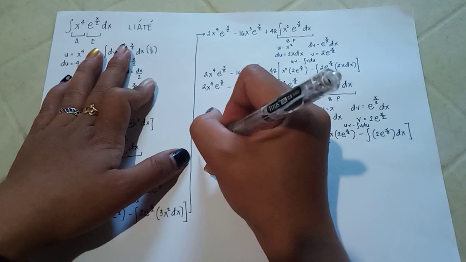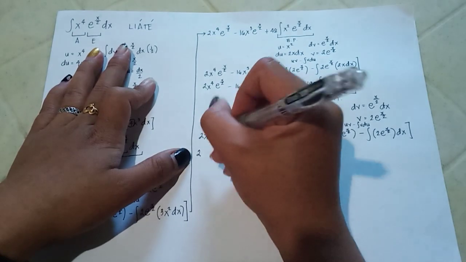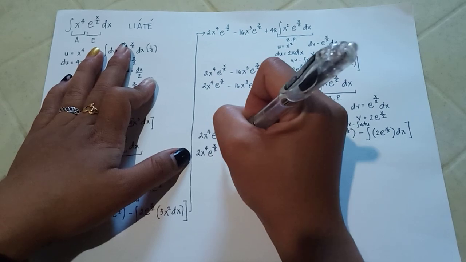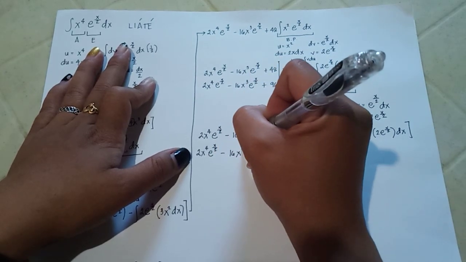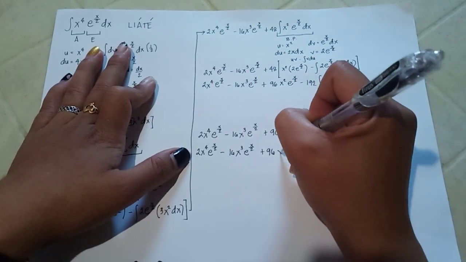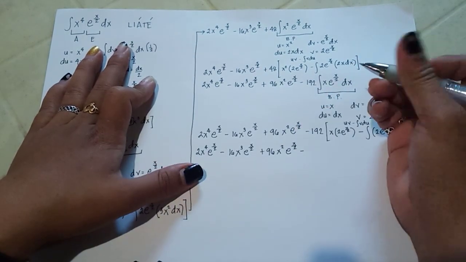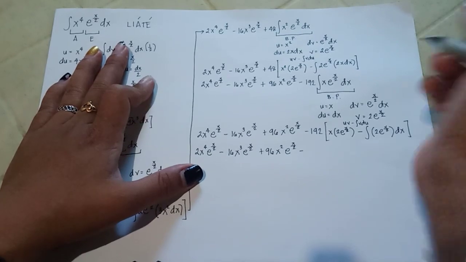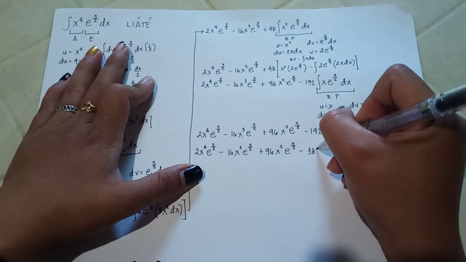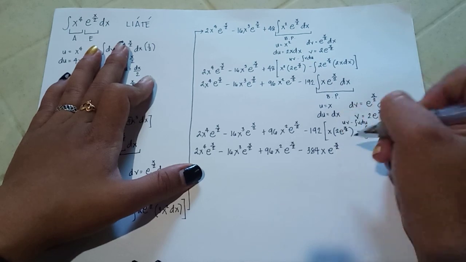Now rewriting this in a beautiful way, you will have 2x raised to 4 e raised to x over 2 minus 16x cubed e raised to x over 2 plus 96x squared e raised to x over 2 minus 192 multiplied by 2, that's 384x e raised to x over 2.